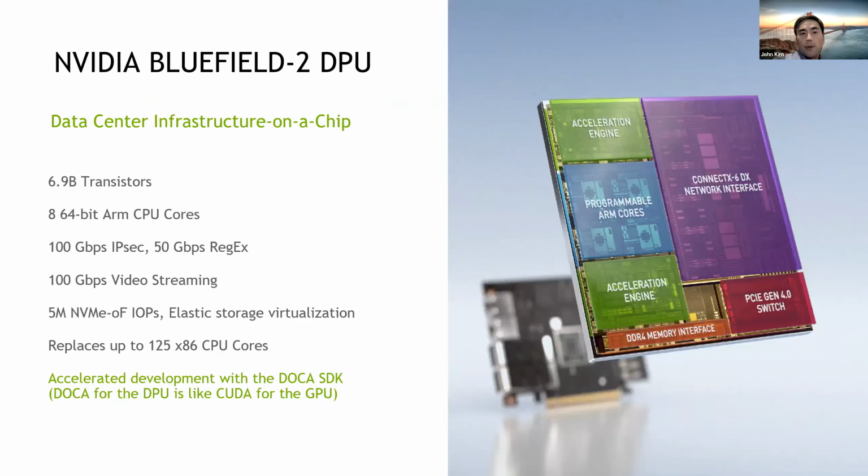So here's an example of a DPU. This is the NVIDIA BlueField 2. And this shows what's in it. It's a single chip which combines some very fast networking with some programmable ARM cores, as well as different types of acceleration engines that are useful for software-defined networking, security, encryption, data movement, as well as remote management.